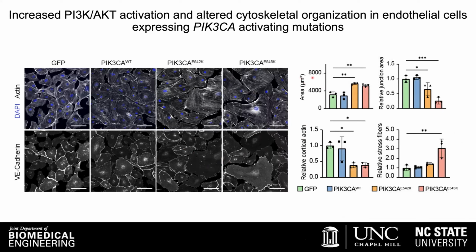And these changes in cell area and relative junction area, which indicate the strength of cell-cell adherence junctions, have all been reported previously, so this is in some ways a validation that our cells are behaving as we would expect them to based on previous publications.